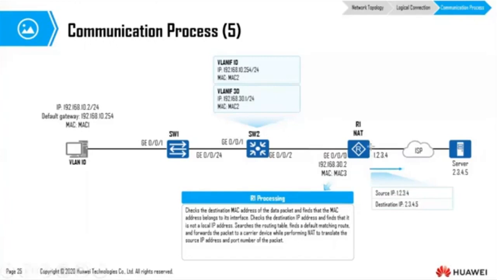On this router, we will have configured a default route to the ISP router. I'll send it to the ISP, and then the ISP will find the server. Other than that, we will also perform NATing on R1.